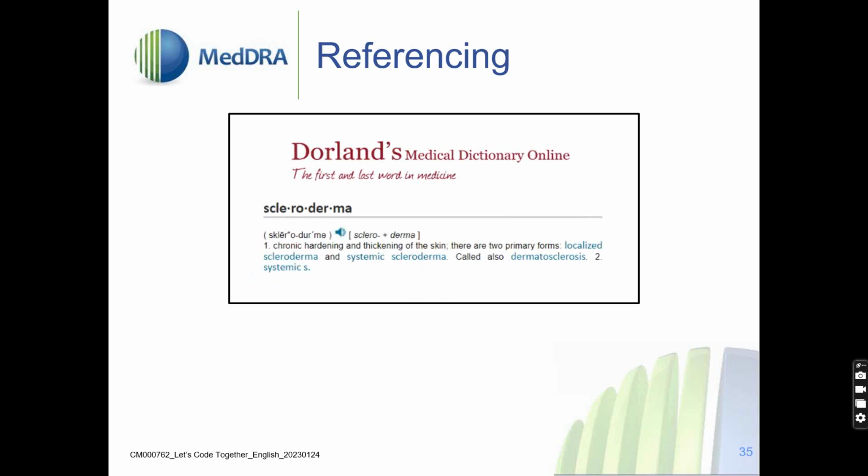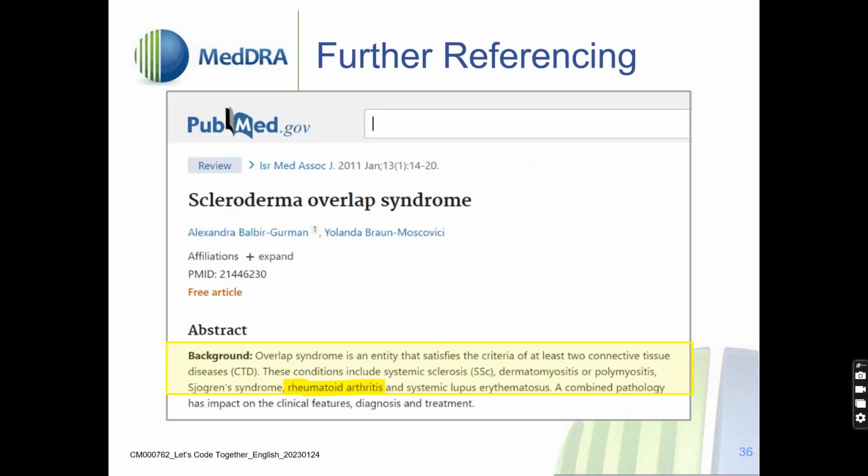Scleroderma is given in Dorland's as a synonym of systemic sclerosis. It's chronic hardening and thickening of the skin. So when I looked up systemic sclerosis, it pointed me to scleroderma. When I then did referencing more widely on the web, I found that there was a concept called scleroderma overlap syndrome.